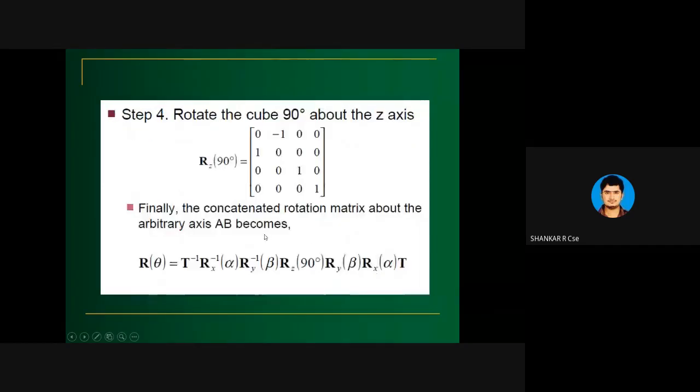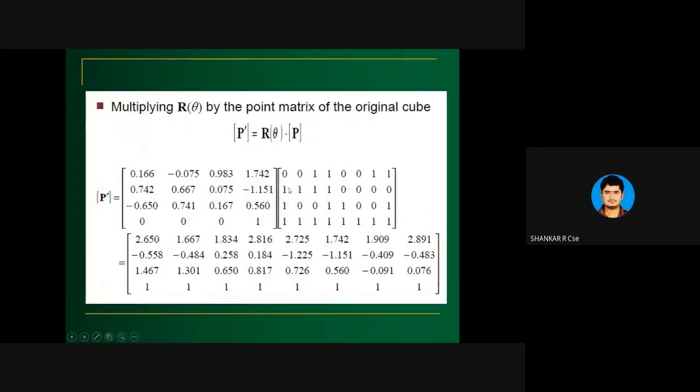You need to put these into column form. These are 8 points, because it's a cube, we have 8 vertices. Each vertex has x, y, z. The fourth row is purely 1 1 1, homogeneous. Now multiply these, you will get this.